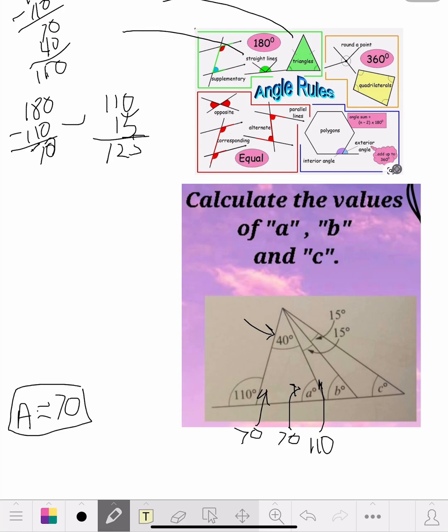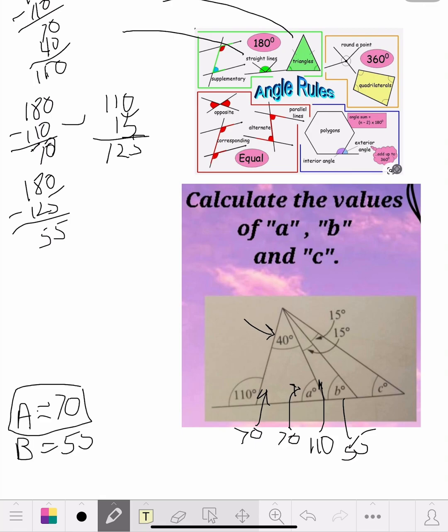For that one, we know the whole triangle is 180. So let's see the difference. 180 minus 125 is 55. So that means angle B is 55. So let's write B equals 55.